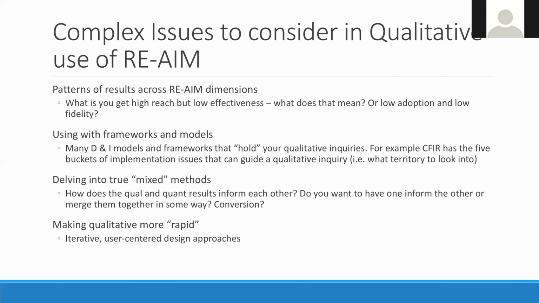I might want to look to the outer setting, the context in the community, or the perspective of the payers. I might want to look at the participants themselves. I might want to look at the intervention itself, and I also might want to look at the process. So those are the 5 buckets that you can use to guide your inquiry so that you're not just feeling like you're floating around not knowing what to ask.